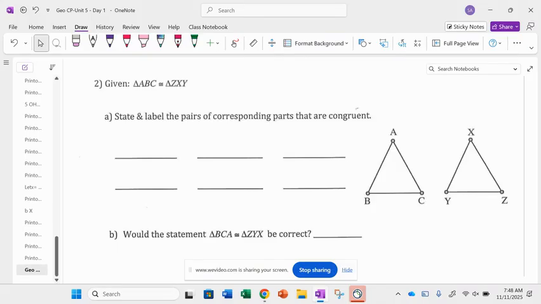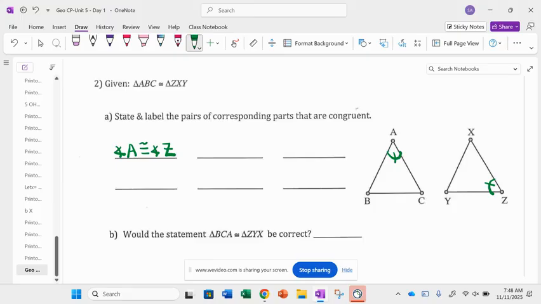So angle A is actually congruent to which angle? Jonah? Angle Z. Angle A is actually congruent to angle Z. So we want to mark it and then we write it. So angle A is congruent to angle Z. Okay, and then angle B, since it's now second, angle B is congruent to angle, which one?